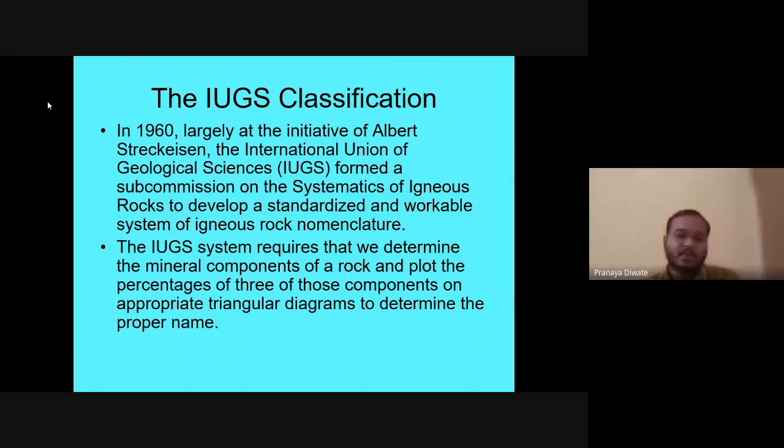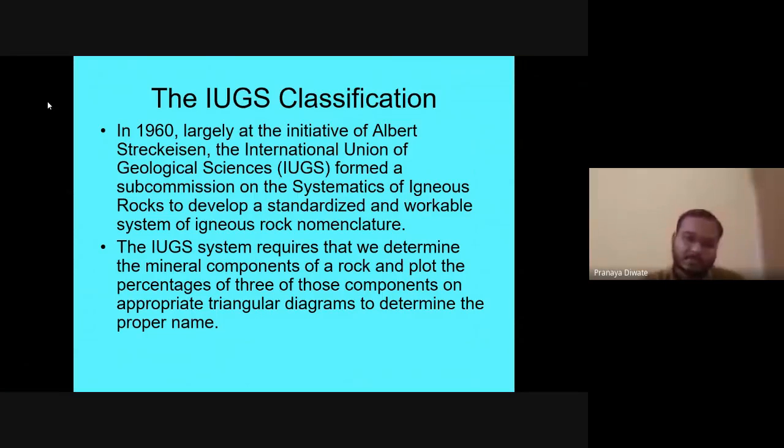The IUGS system requires that we determine the mineral components of the rock and plot the percentage of three of those components on an appropriate triangular diagram to determine the proper name.